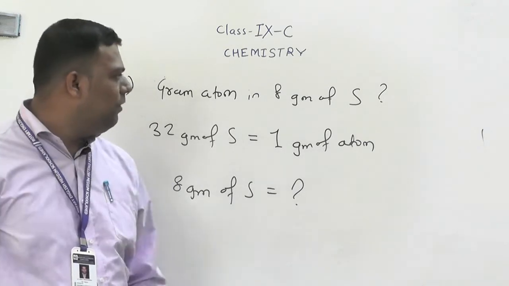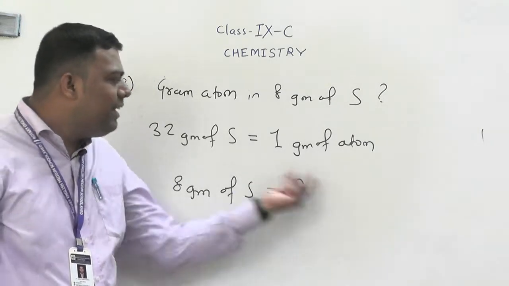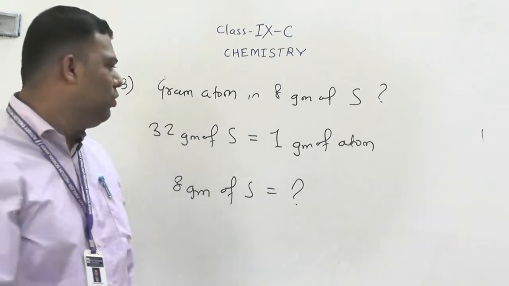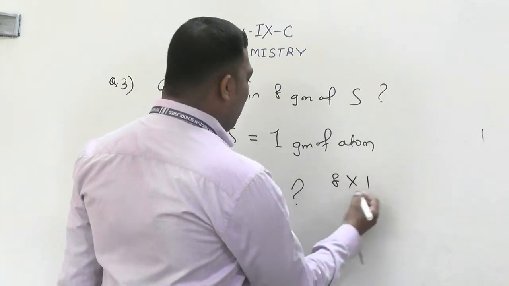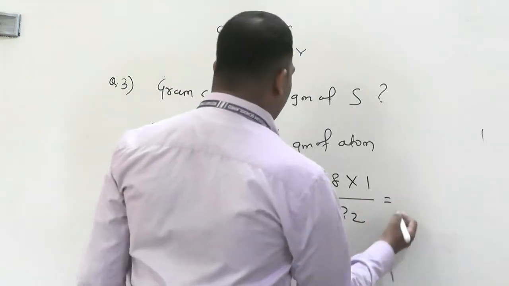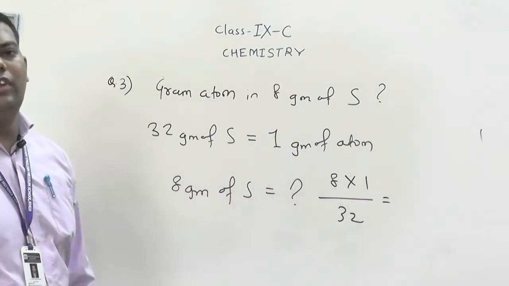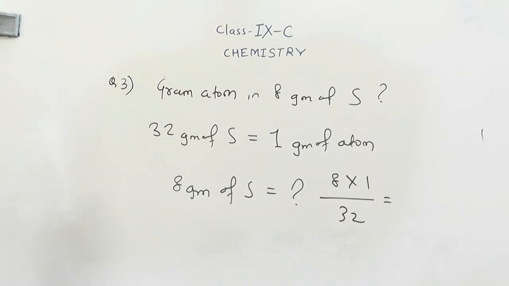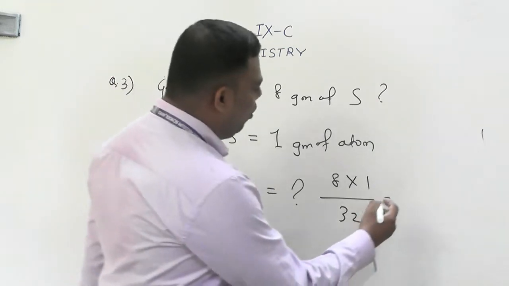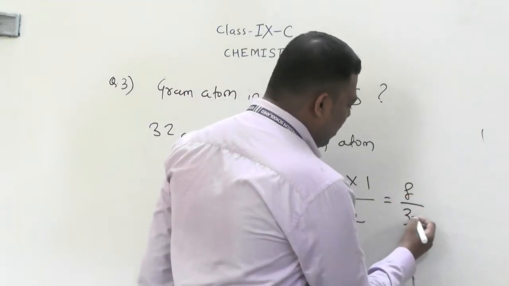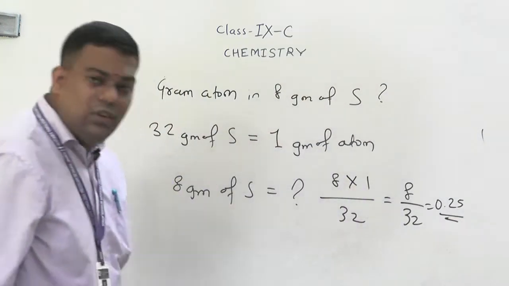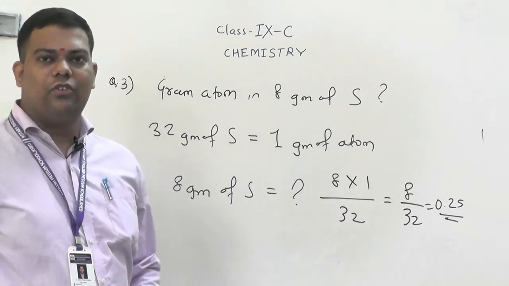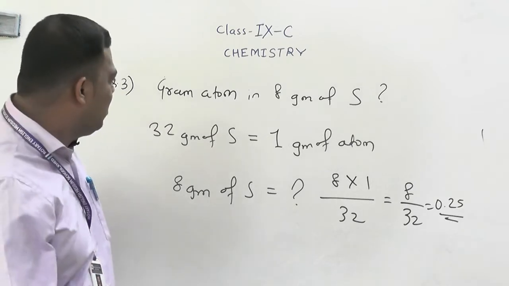For 8 gram of sulfur, simply by cross multiplication, 8 into 1 divided by 32. So you will get easily your answer, 8 by 32, that is 0.25. Understood? So like that we are going to calculate gram atoms.